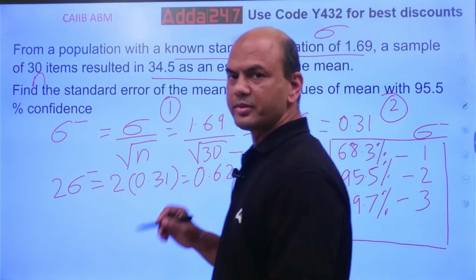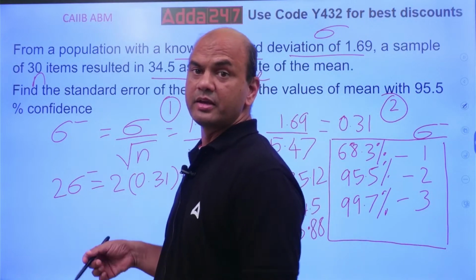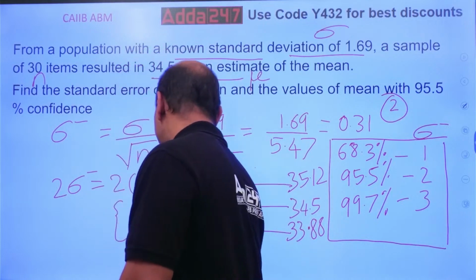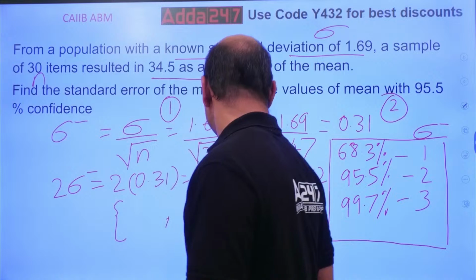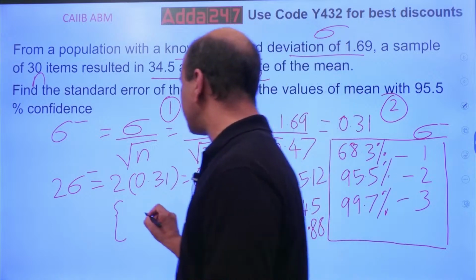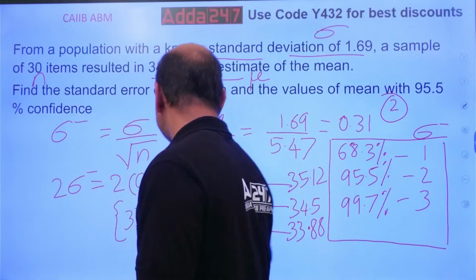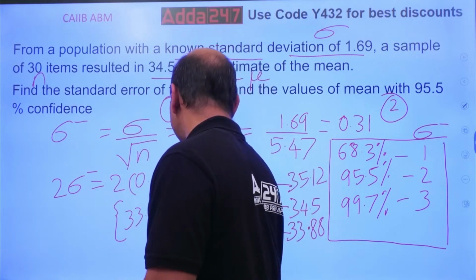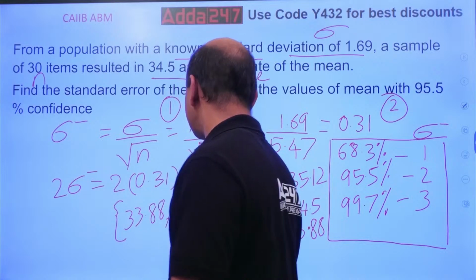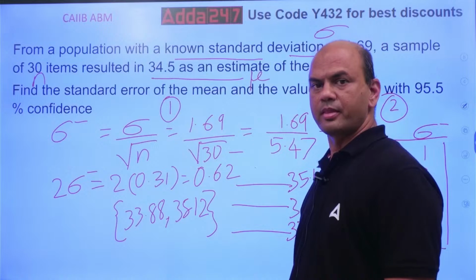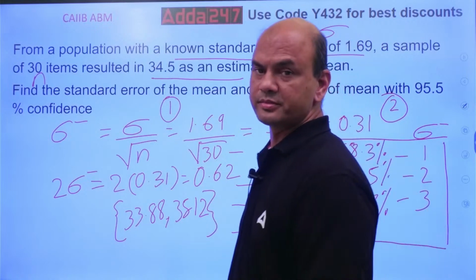So how will your answer be in the exam? Options will be given, and in one of the options you will have this bracket. This bracket will be 33.88 over here, and this side it will be 35.12. So this is your answer. Okay, this is how you will be solving it.